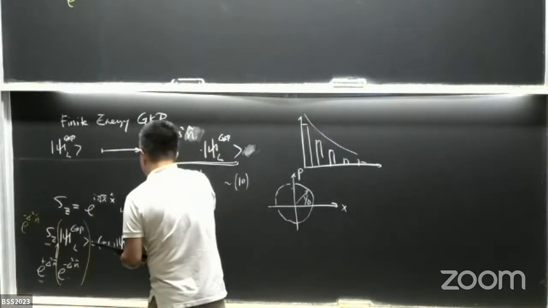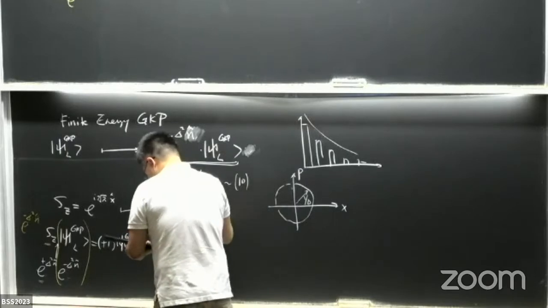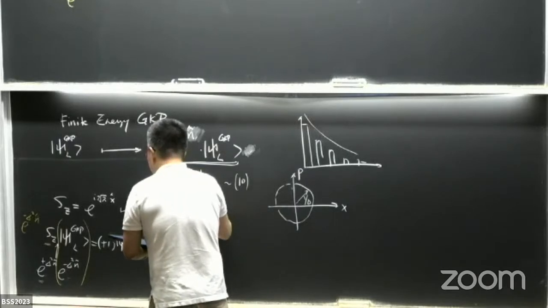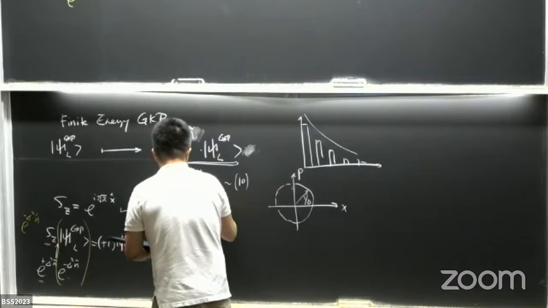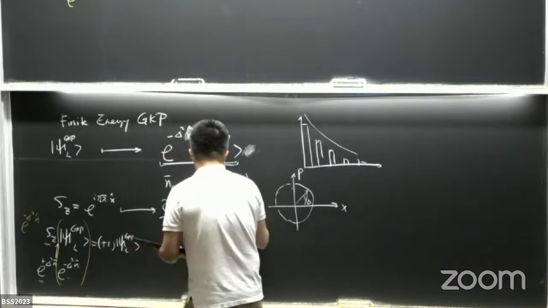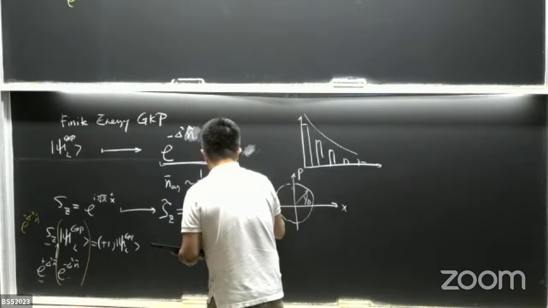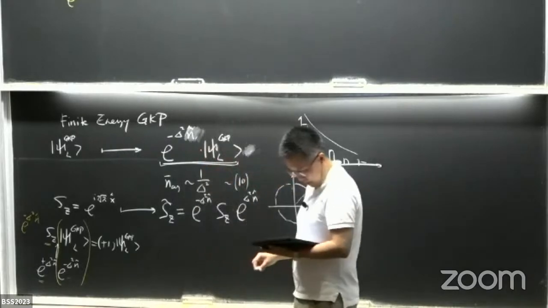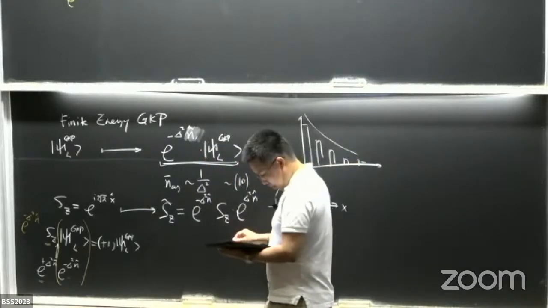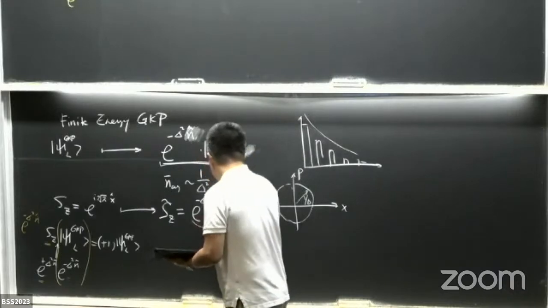So I'll define my new stabilizer to be e to the minus delta squared n, the original stabilizer, e to the plus delta squared n. And that gives me the effective new stabilizer.